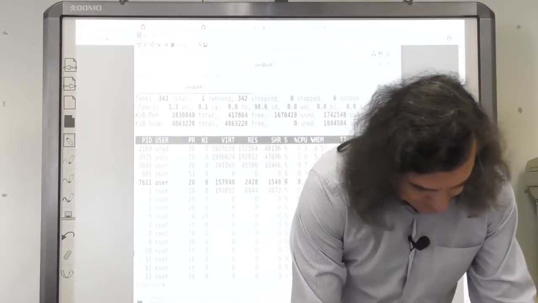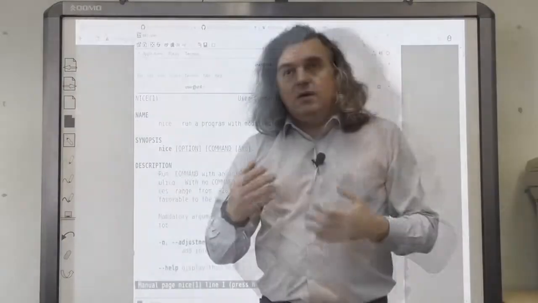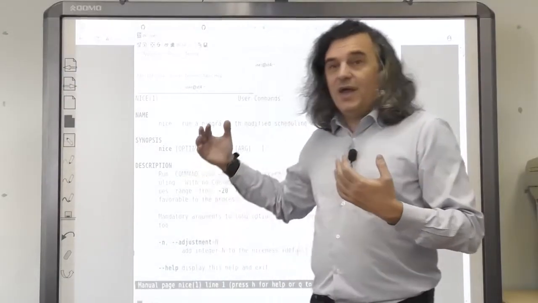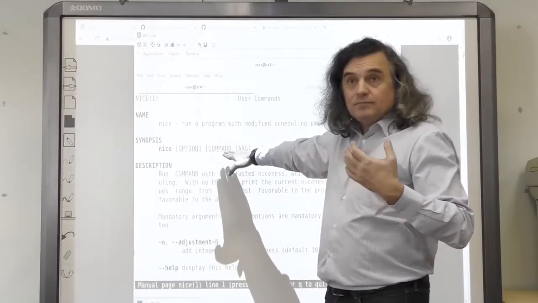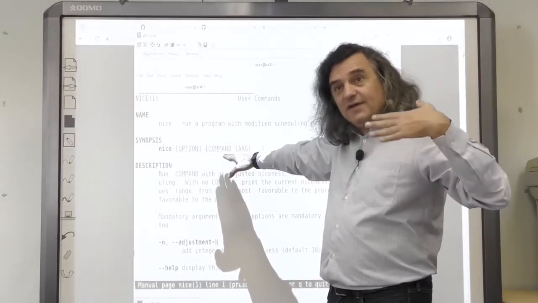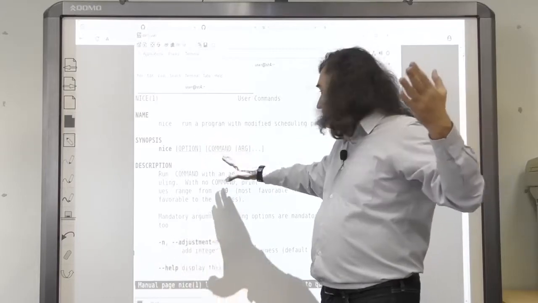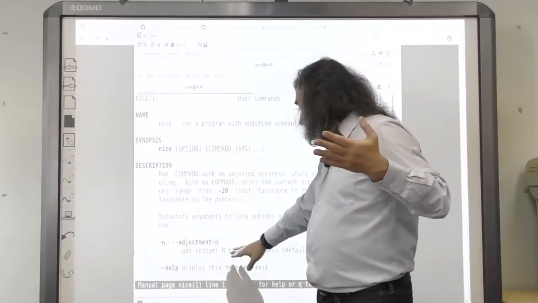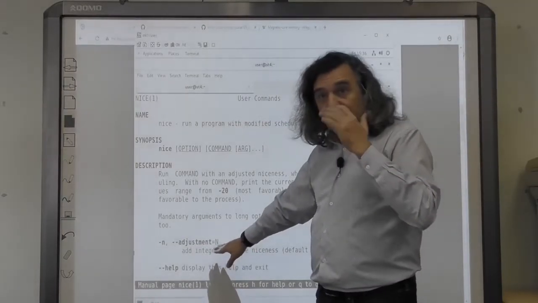Nice. Nice runs a program with modified scheduling priority. Nice value is just an integer.